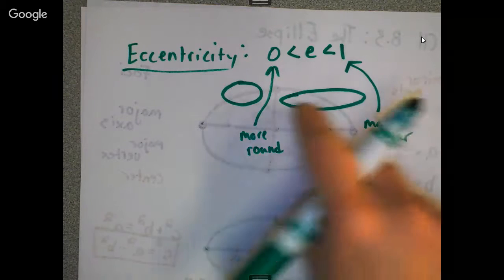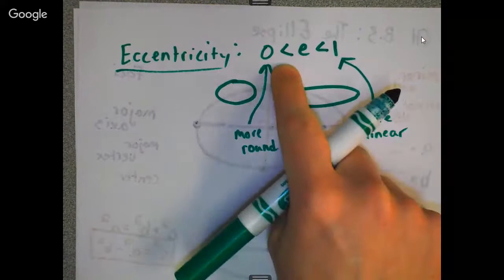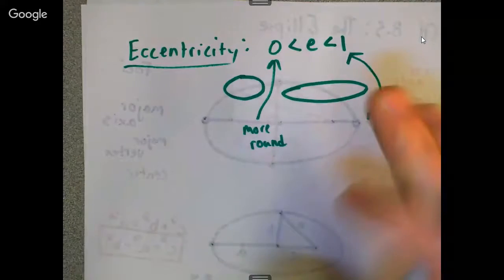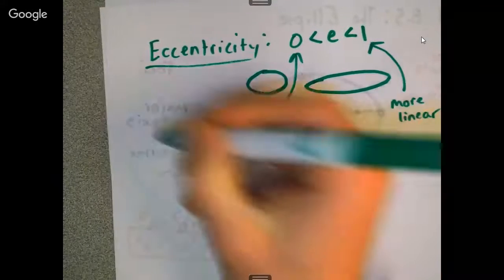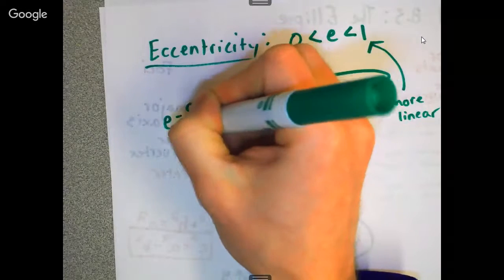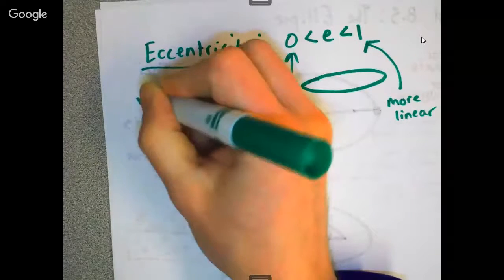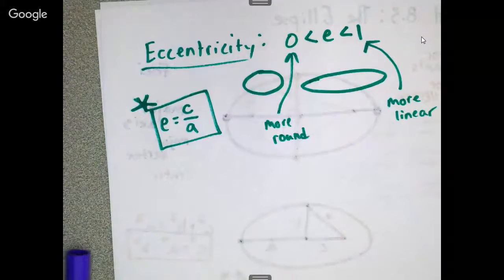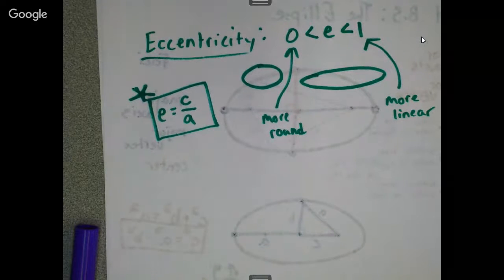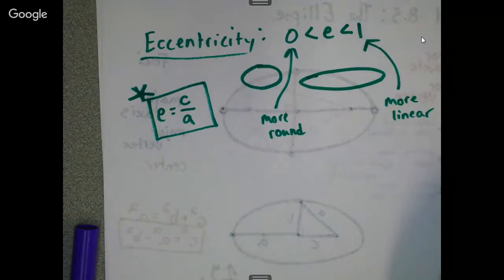So it looks like a line, okay? So 0 is an O or a circle, 1 is a line, just kind of how it seems. How do I find the eccentricity? So that is E equals C over A. Okay, and you're gonna want that equation. Okay, and again, that just tells us how round or how flat our ellipse is.